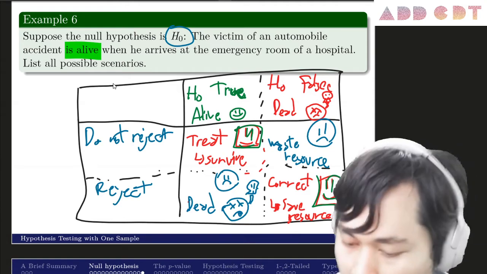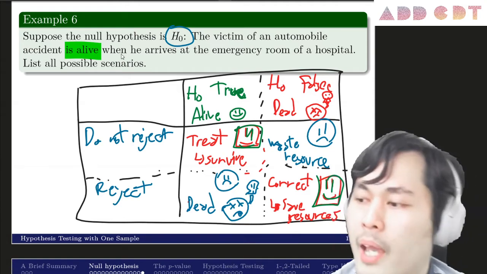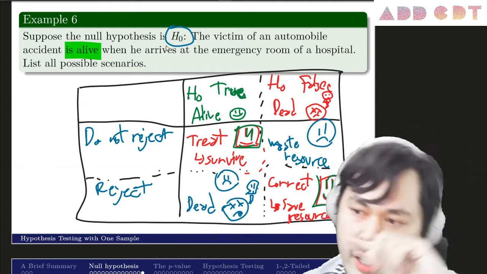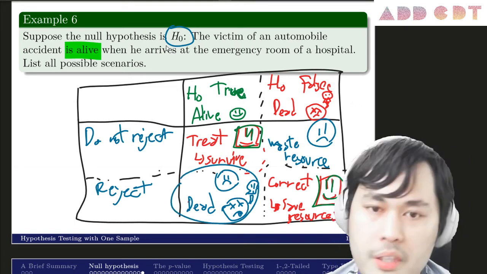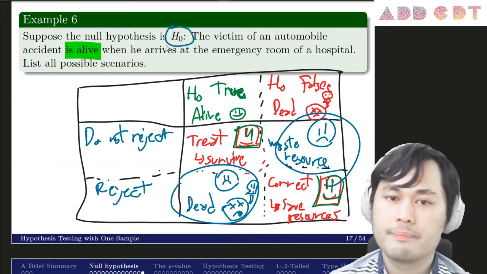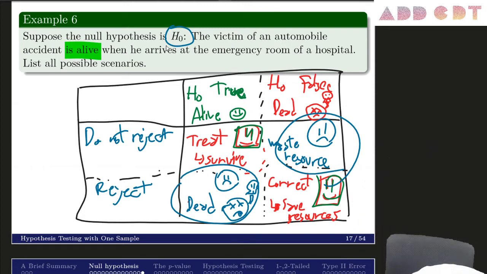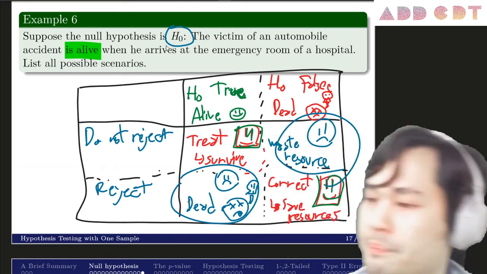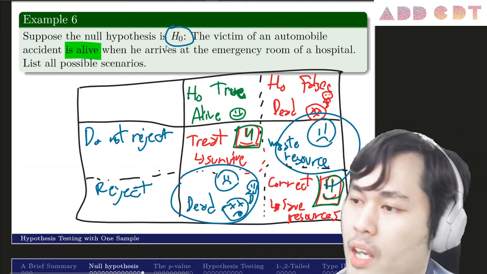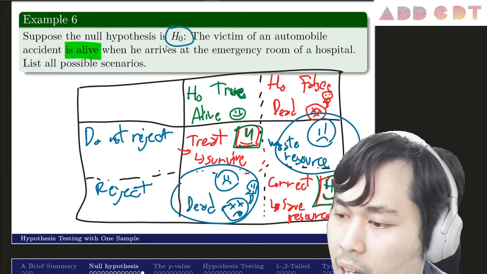So these are about all the possible scenarios here, and of course, our goal as a decision maker is to minimize this case and that case. Minimize means we want these two cases to have a very low chance, because we cannot be 100% sure.